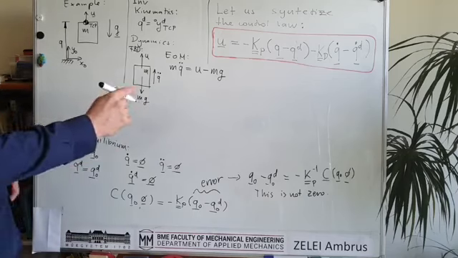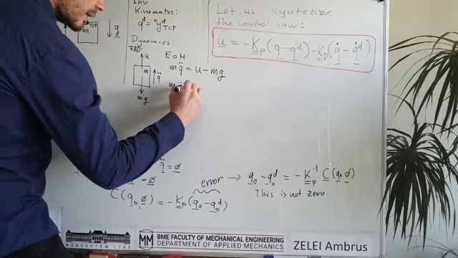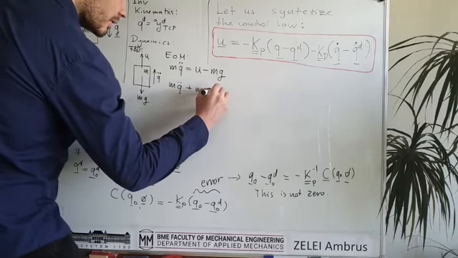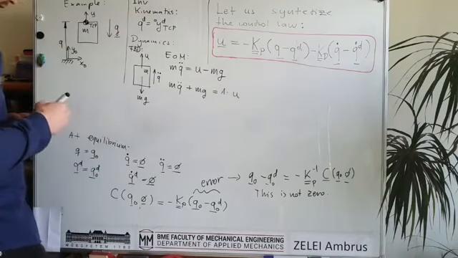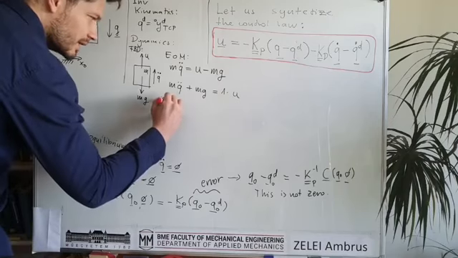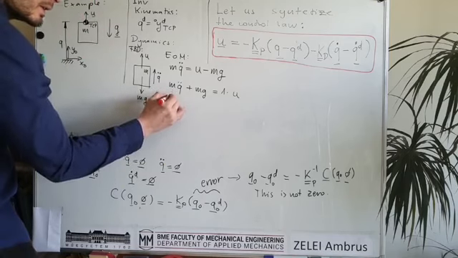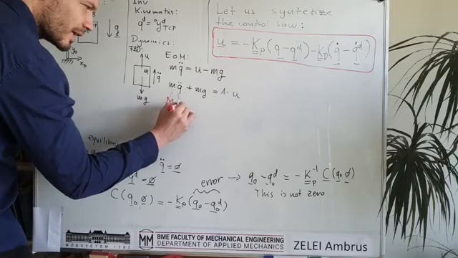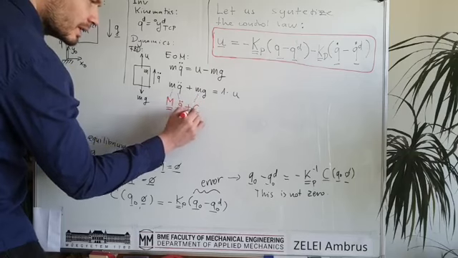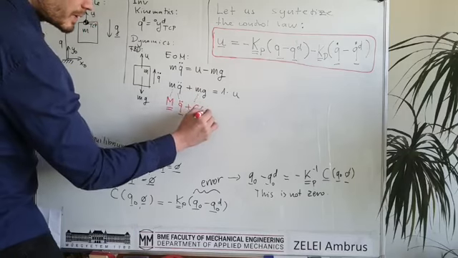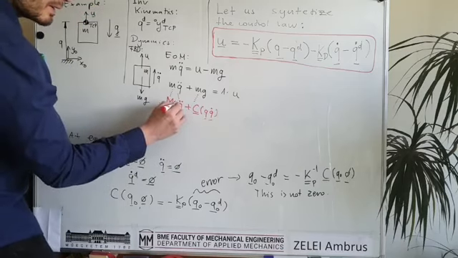We can reorganize it a little bit to have a similar form. So this is m times q double dot plus m times g, which equals 1 times u. And I just did it because I would like to show that this could be put in a general form, when you have a mass matrix and then you have an acceleration term, then you have some kind of forces, for example gravitational force, which can depend on positions and velocities in general.